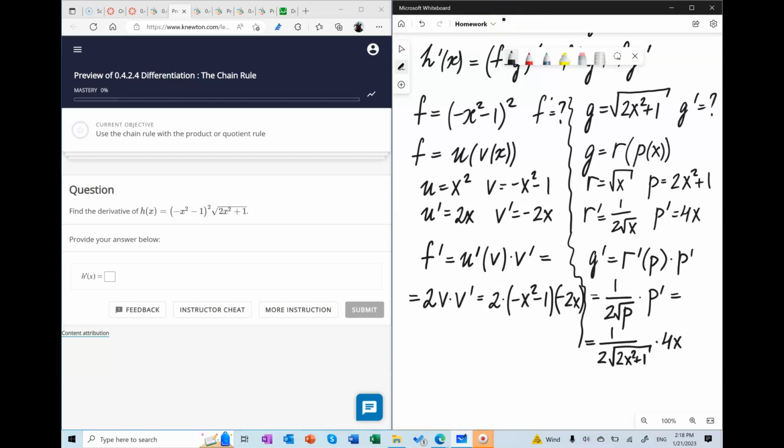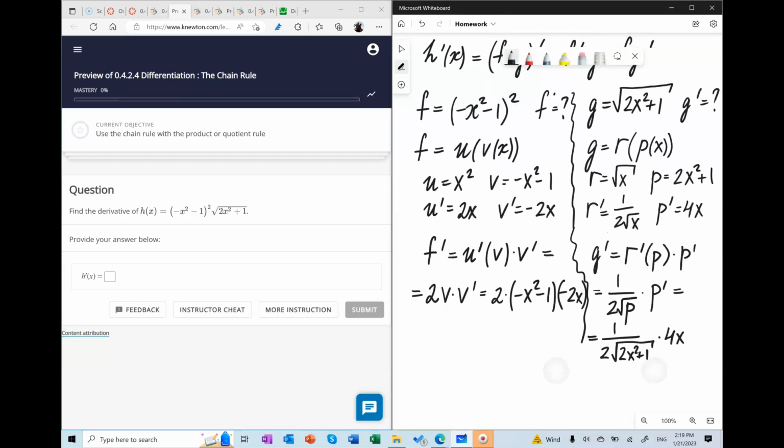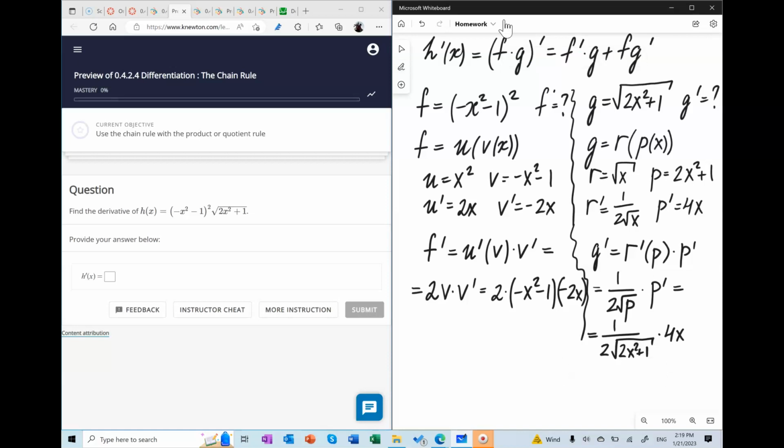Now we're going to put it all together using the product rule. So the final answer is h prime of x will be equal to f prime. F prime is this right here. We can simplify it further probably. We can take out all the negatives and write it as 4 times x squared plus 1 times x.